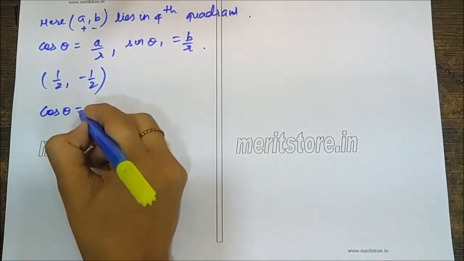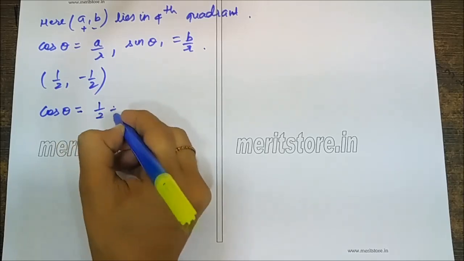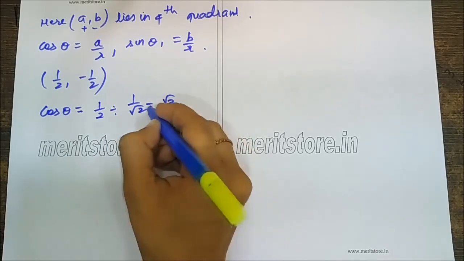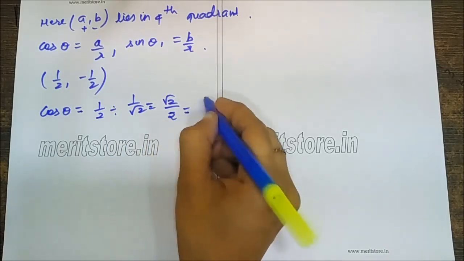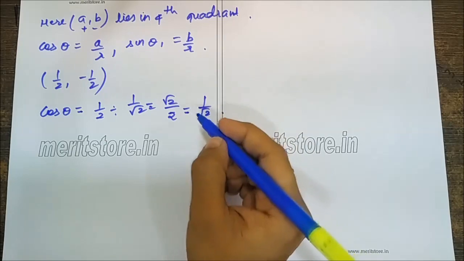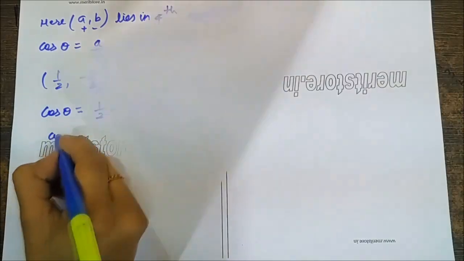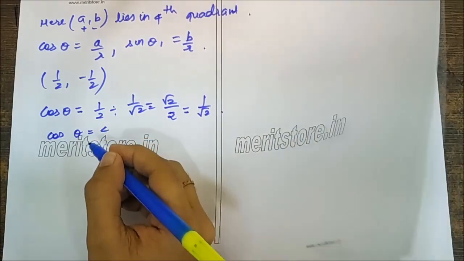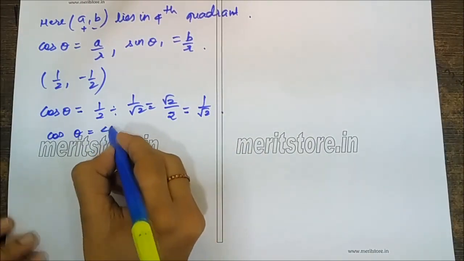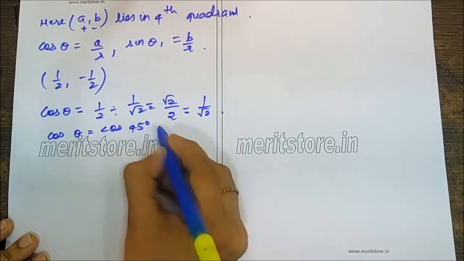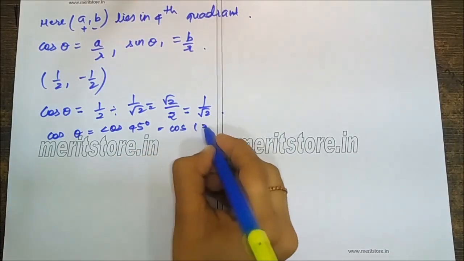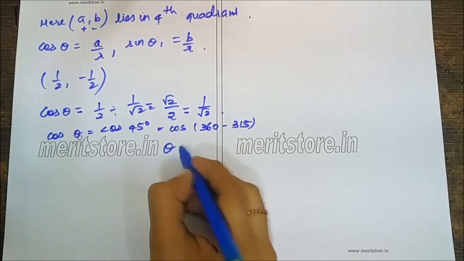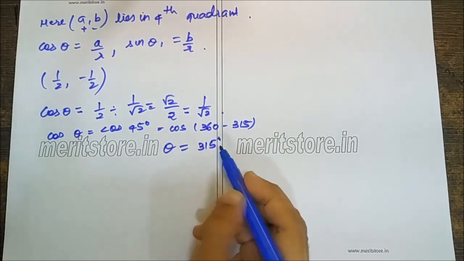Cos theta is equal to half divided by 1 upon root 2, that is root 2 upon 2, 1 upon root 2. So cos theta is equal to cos of 45 degree, which is cos of 360 minus 315. So theta is equal to 315 degrees.